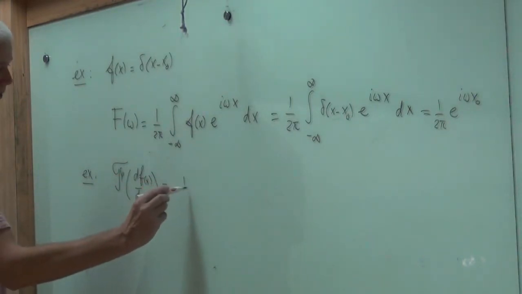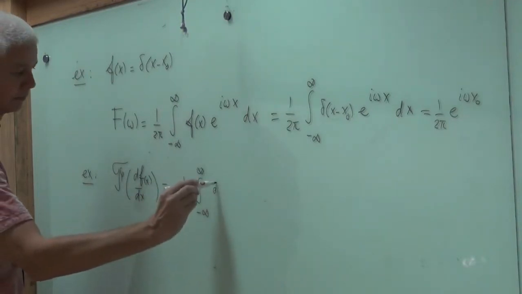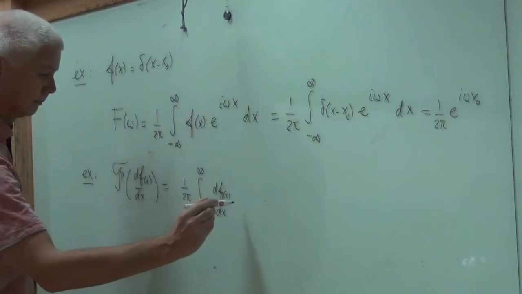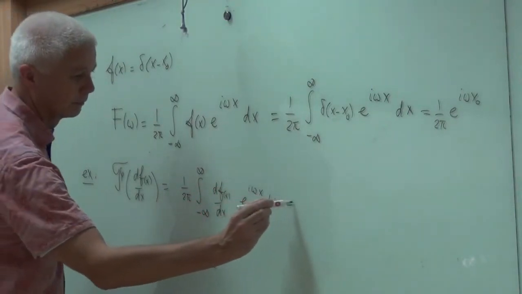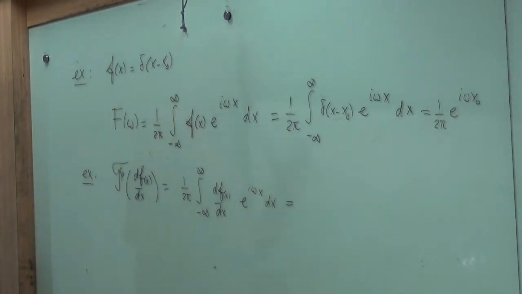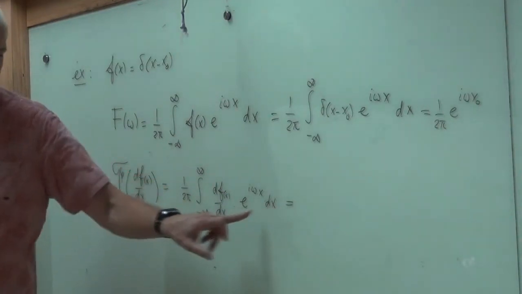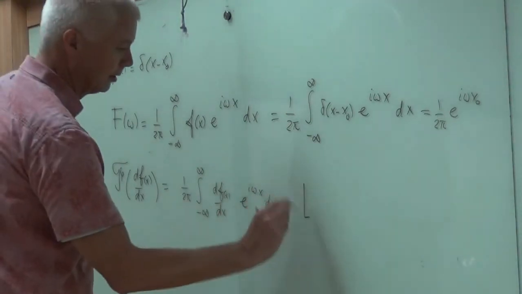Well, let's continue. Write down the definition. So I have to compute this integral. Well, I can do integration by parts. Take f behind the d sign, the df/dx behind the d sign.